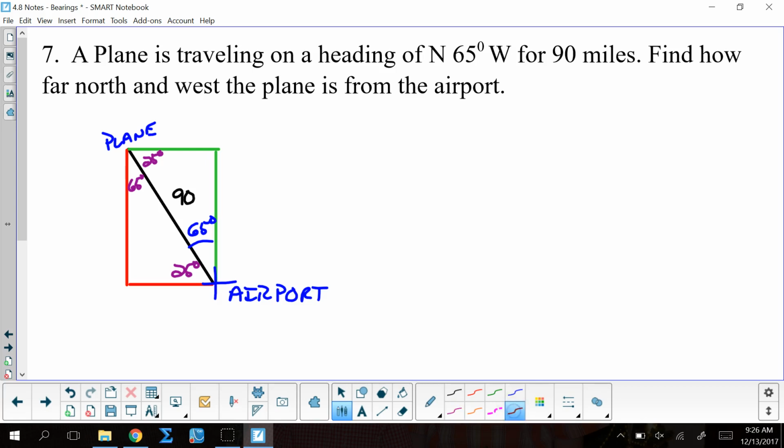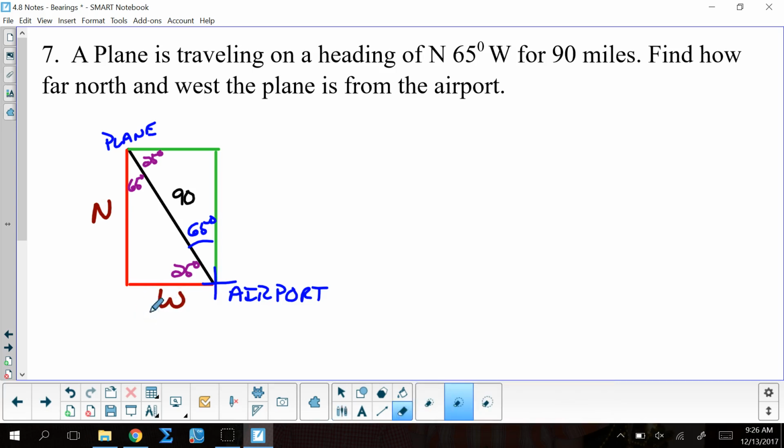I need to find how far north my plane is, and how far west my plane is from the airport.